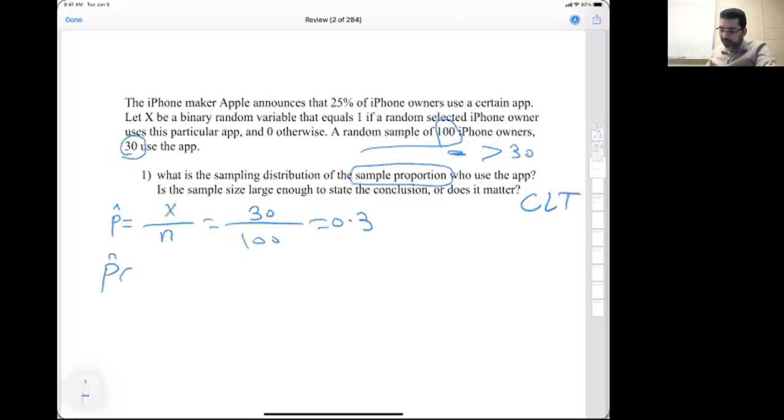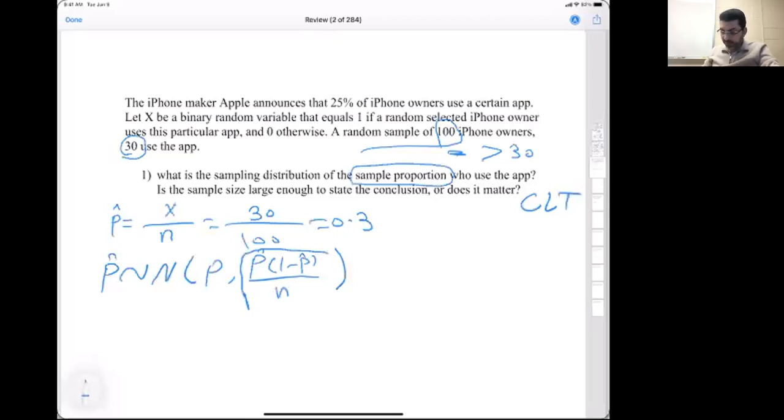So P hat follows a normal distribution with the same population proportion, and the standard error square root of P hat times 1 minus P hat divided by N. So this is the sampling distribution of the sample proportion.